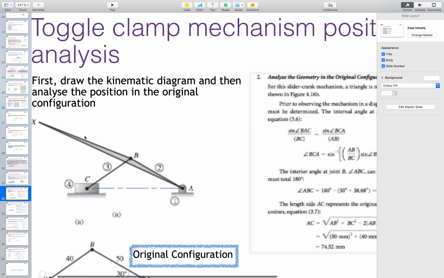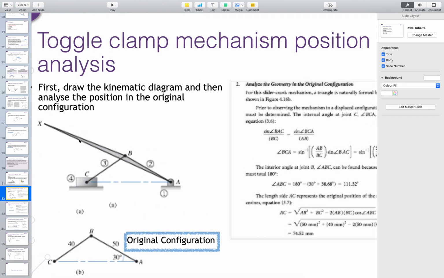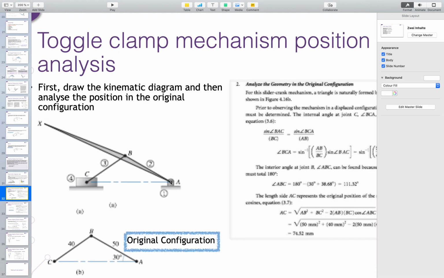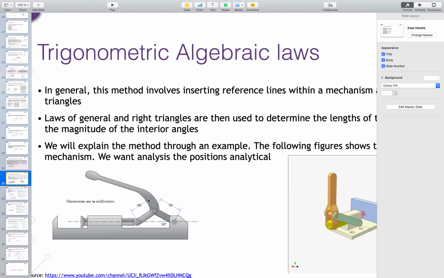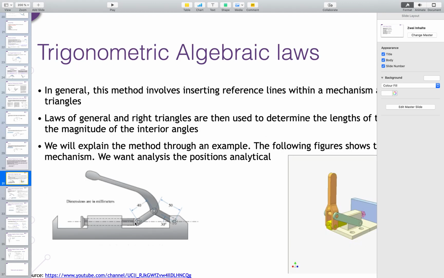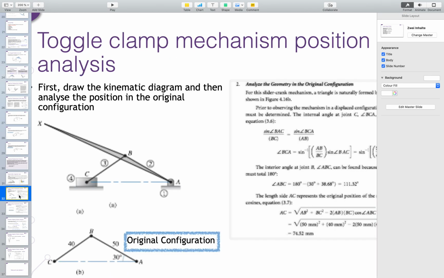Now, looking at this mechanism, we have links 1 and 2 represented by AB and BC. This is the complex link, and this is X, and this here is represented by this slider.